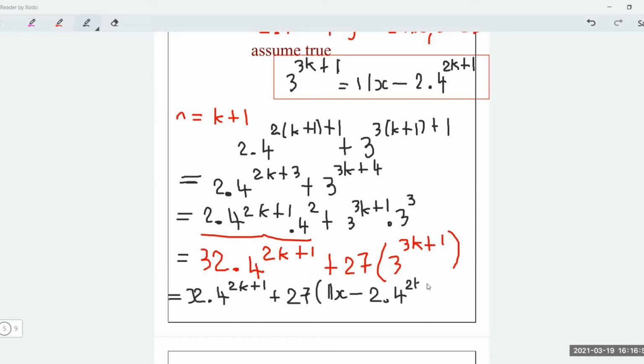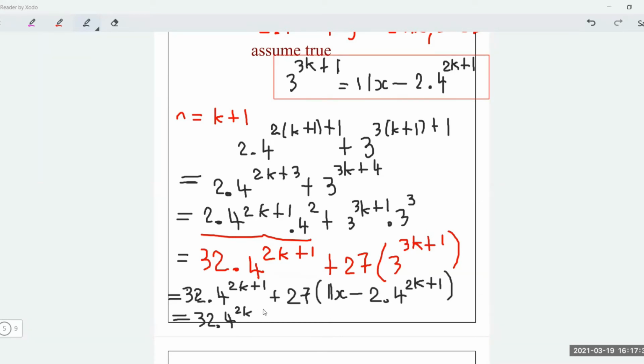And so all we have to do now is expand this. Let's rewrite this a little clearer. That's 32, so what we get is 32 times 4 to the 2k plus 1.